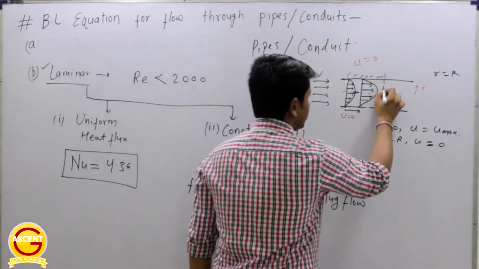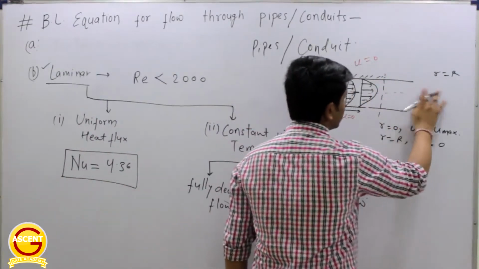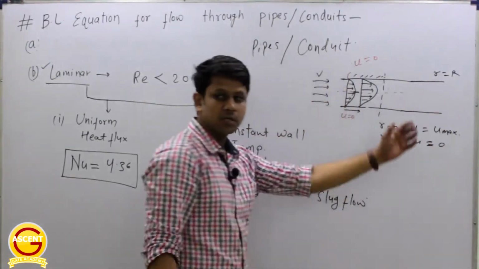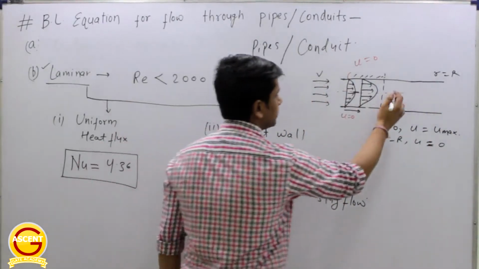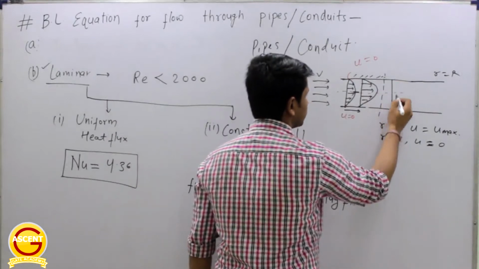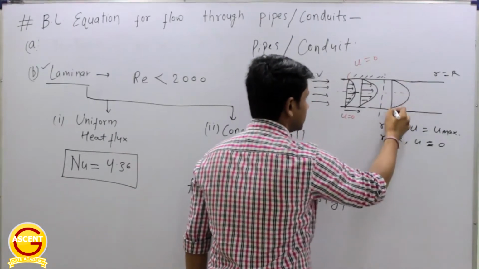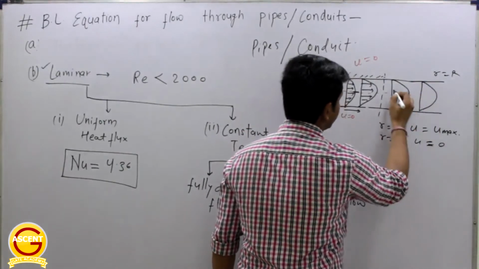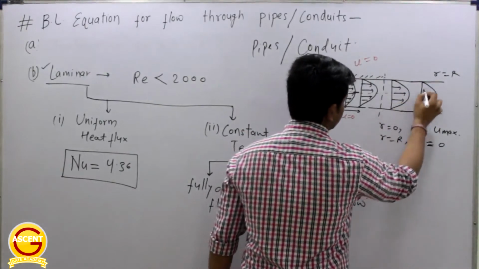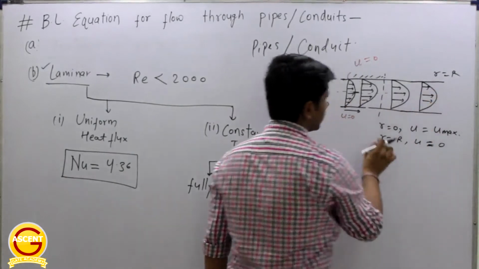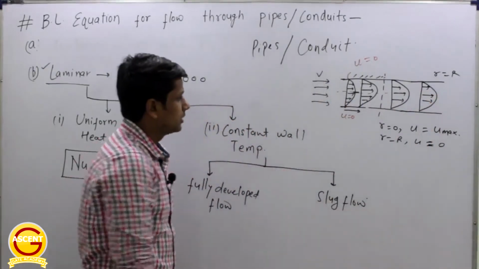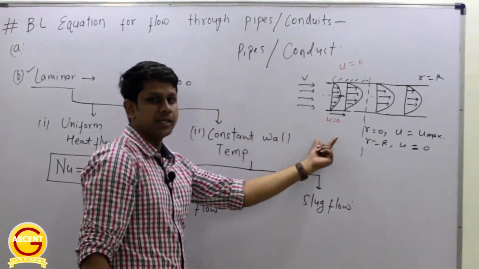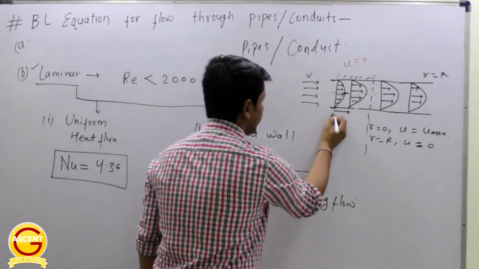But a point reaches after which this velocity profile is constant, it will not change. Once it has overcome the inertia, this velocity profile becomes constant in nature, right. So after this length, this velocity profile is constant or similar. So with respect to x, this velocity profile is not going to change. So this length in which the velocity profile was getting developed, this is known as entrance length.